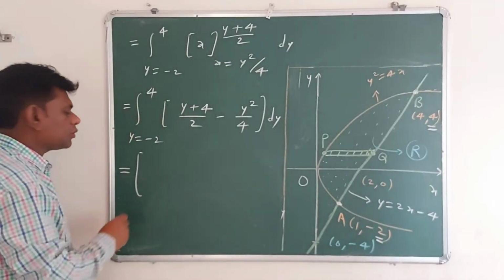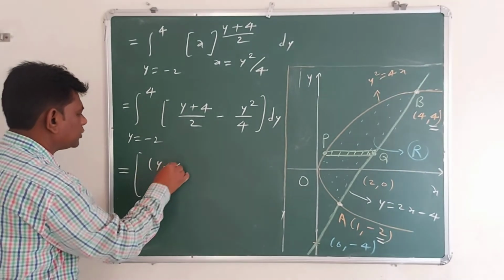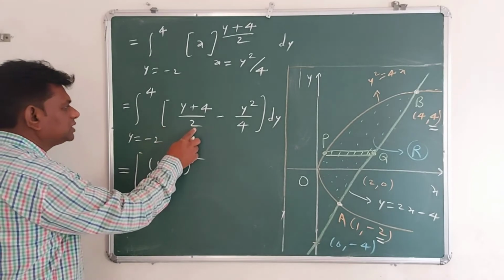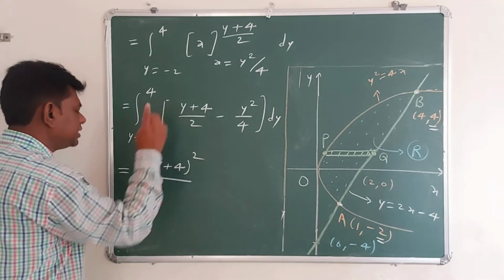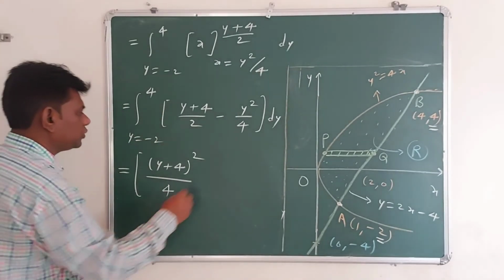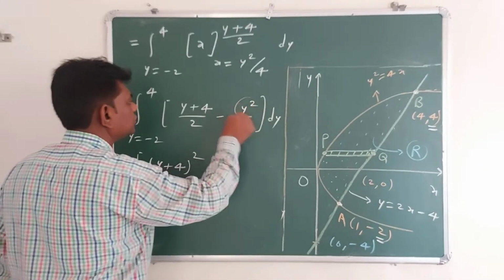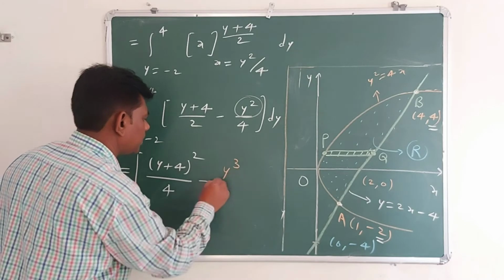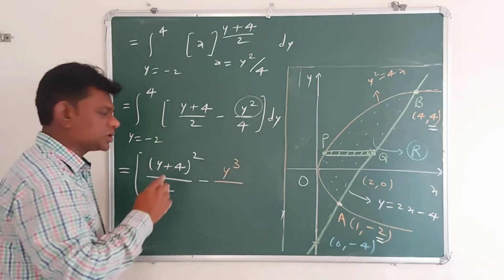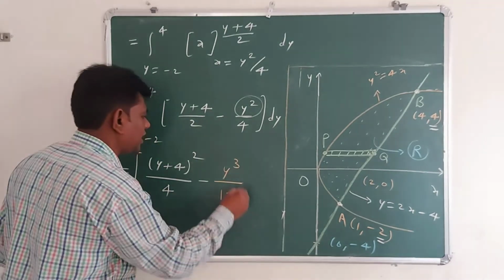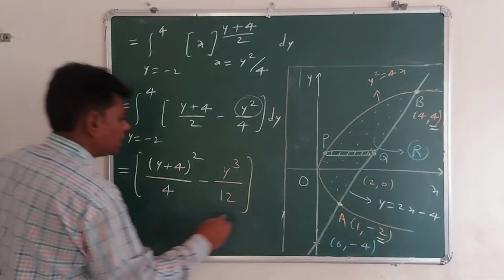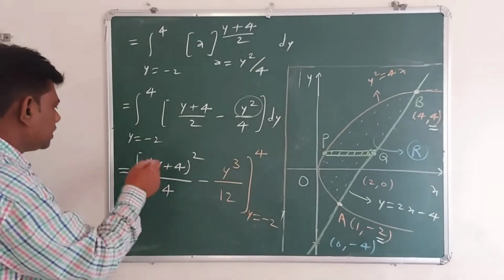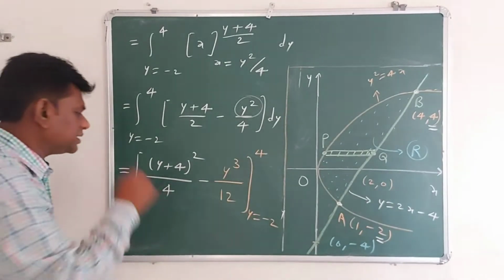Now integration of y plus 4 is y plus 4 whole square by 2, but this 2 is already here, so 2 times 2 is 4, minus integration of y square, which is y cube by 3, and this 4 is already here, so 4 times 3 is 12, with limits y equal to minus 2 to 4.